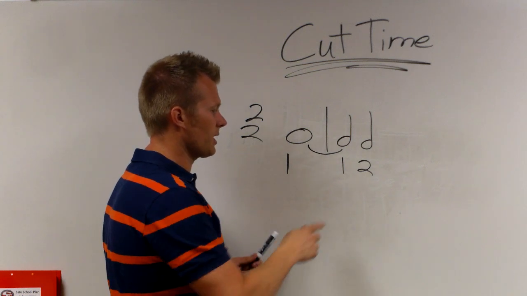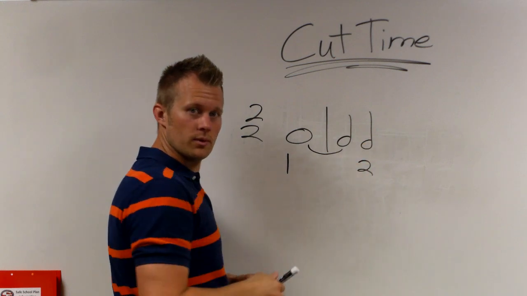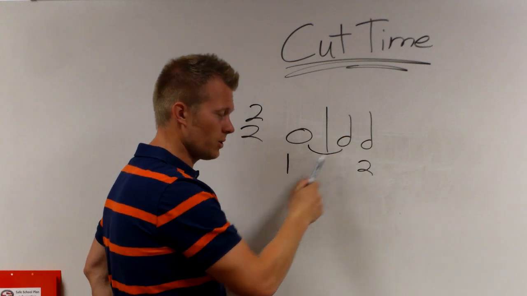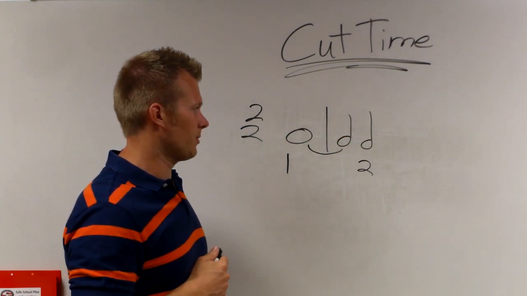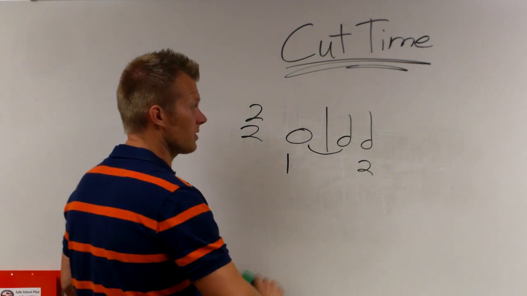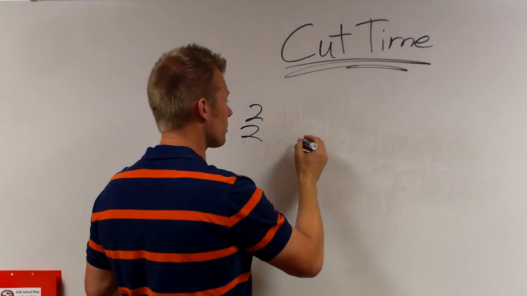So if we were in cut time, we would count this rhythm 1, 2, and you're going to be thinking in your head 1, 2, 1, 2. So hopefully that makes sense. Those are the basic things you're going to encounter in cut time. The other thing you'll encounter will be quarter notes.